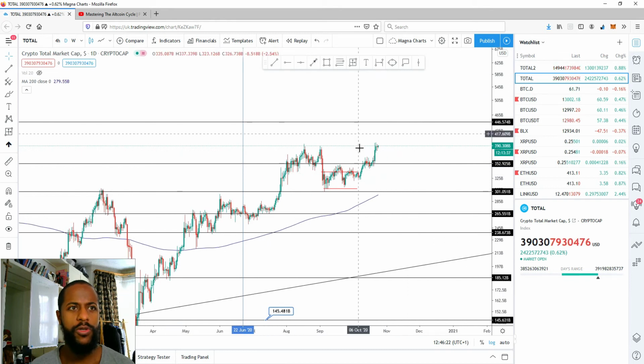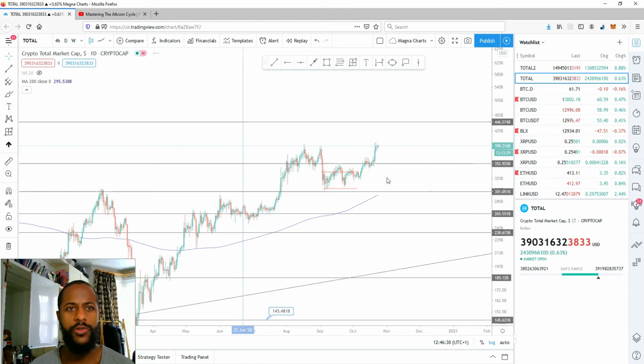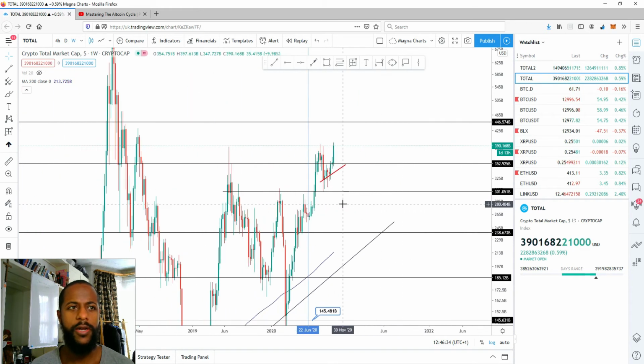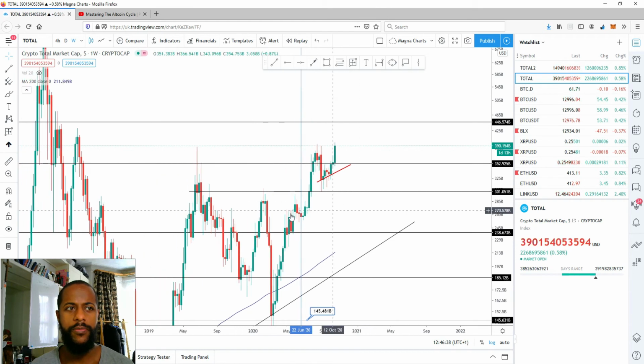So it'll be very important to use this as support now and carry on going higher. But is that going to happen? Let's find out in due course. But very bullish nonetheless to have had this massive rally, retraced, and then continued. Very bullish.